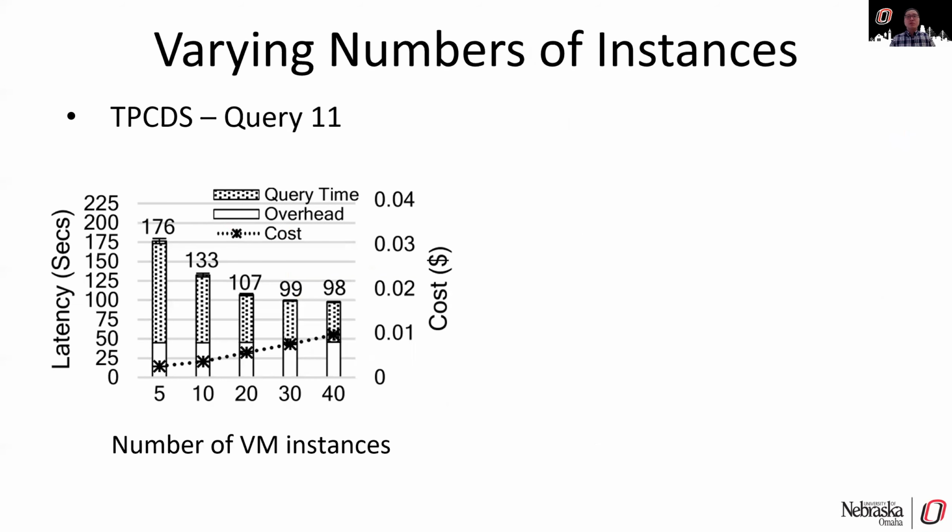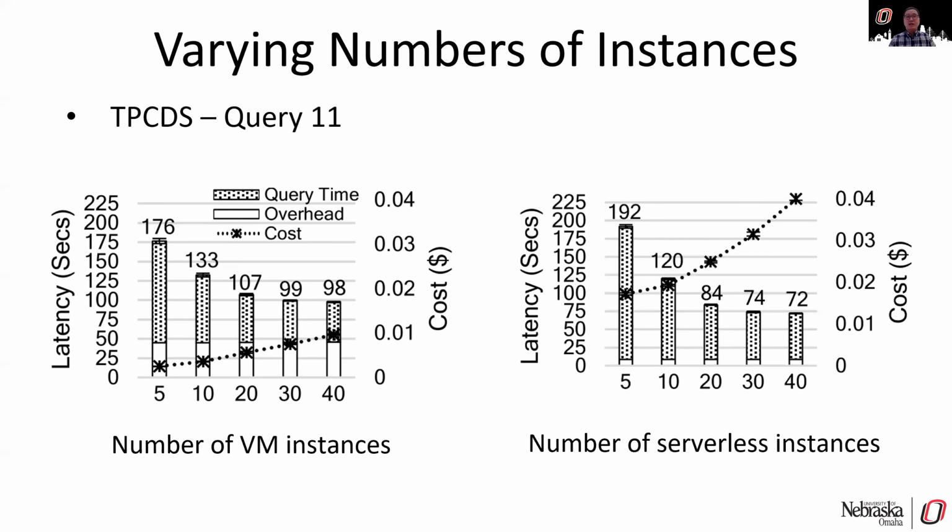So the first experiment we have done is how we can explore the trade-off space by varying the number of instances. This figure shows, when we vary the number of virtual machine instances, the expected query latencies and cost. The right figure shows when we vary the number of serverless instances from 5 to 40.